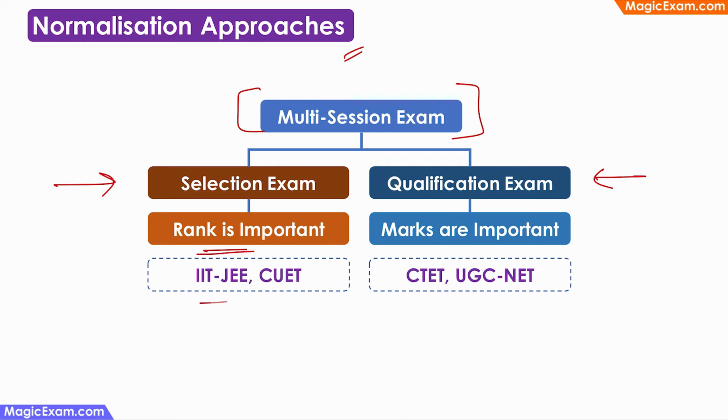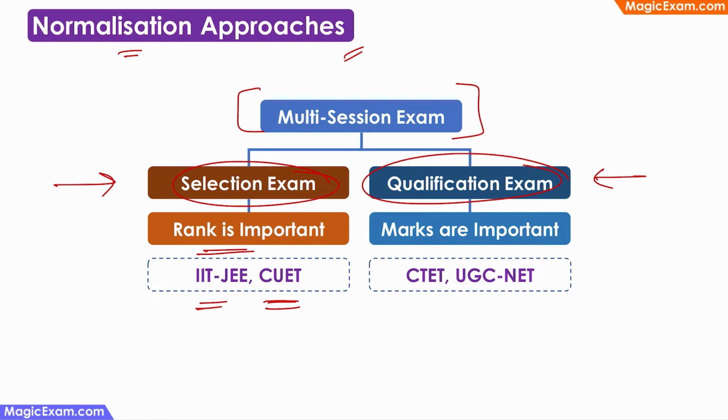In an exam like IIT JEE or CUET, your admission to the colleges happens on the basis of your rank. Right? So all the candidates are ranked. Therefore, the normalization formula used for selection exams like IIT JEE or CUET will be different as compared to qualification exams.